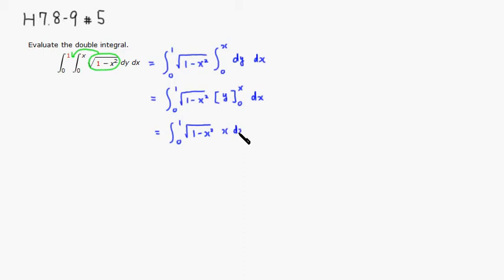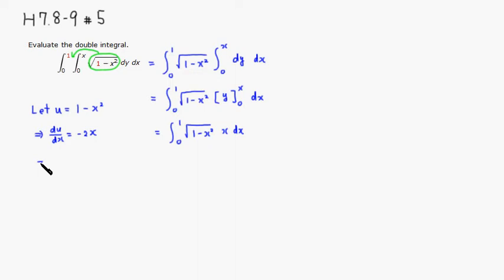dx. Alright, so let's use a substitution here. I'm going to let u be the expression inside the square root, so it's 1 minus x squared. So go through the usual drills. Take the derivative of u with respect to x, which is going to be equal to negative 2x.